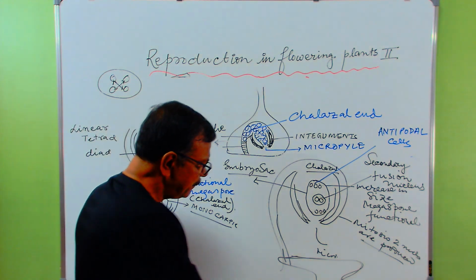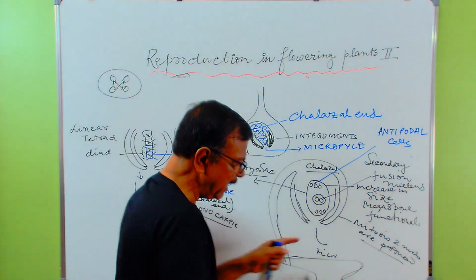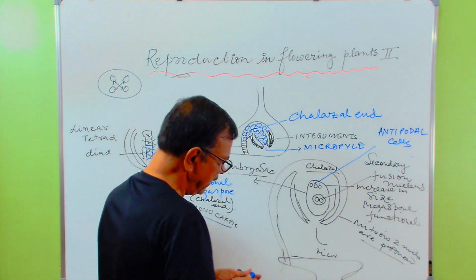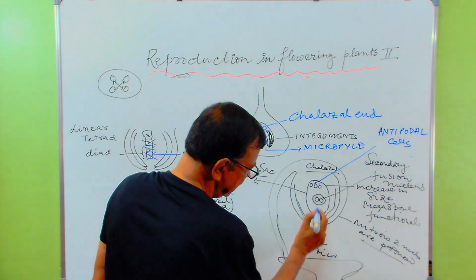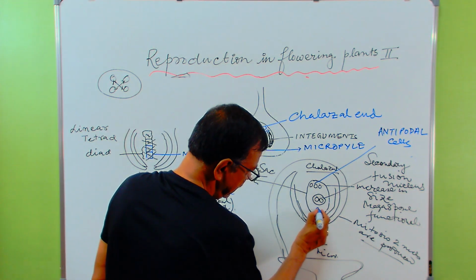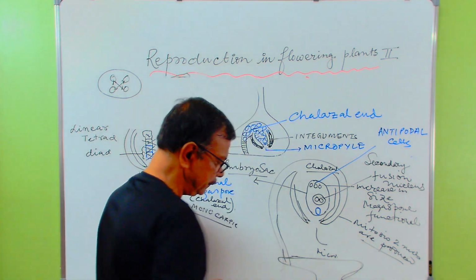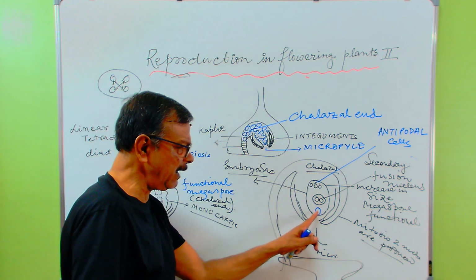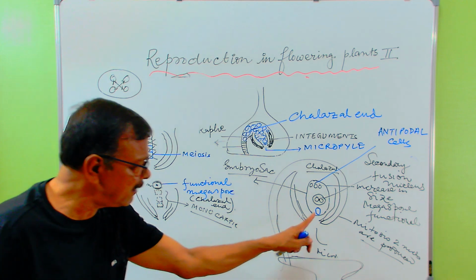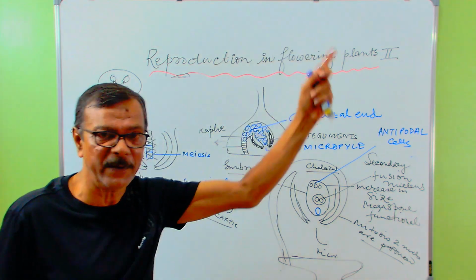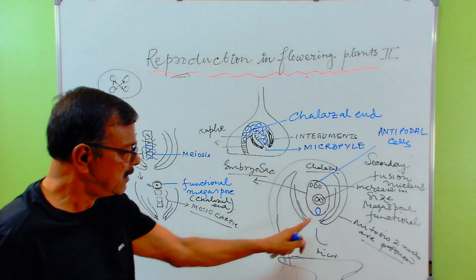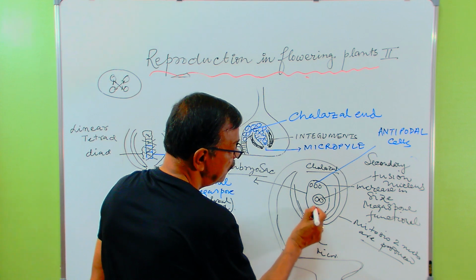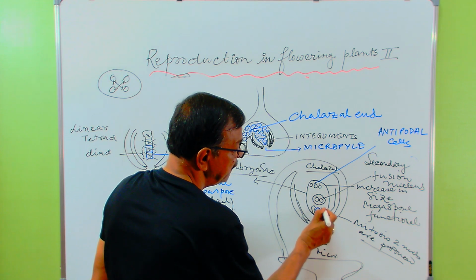And here in the micropylar end, out of the 3, one will be bigger, and it will be protected because this is the main female gamete. Only one female gamete. Male gametes have been produced so many, but there is only one female gamete. It is very precious. They are protected by 2 security guards.